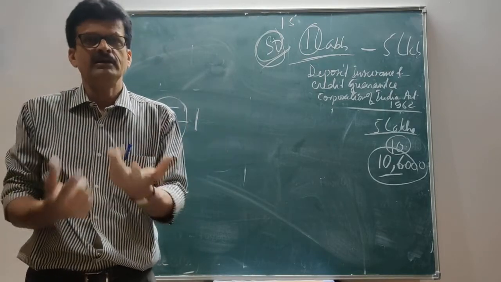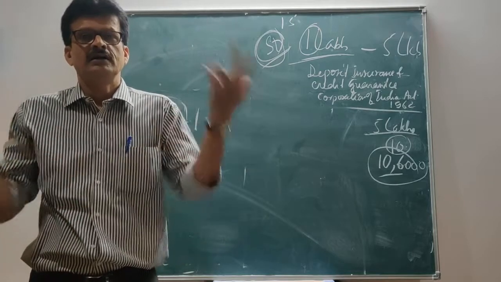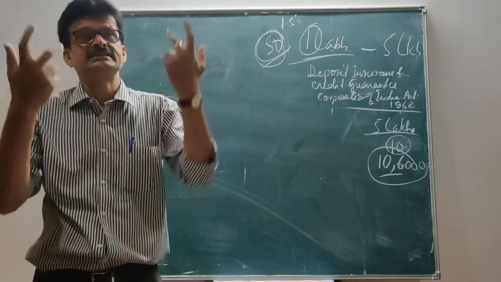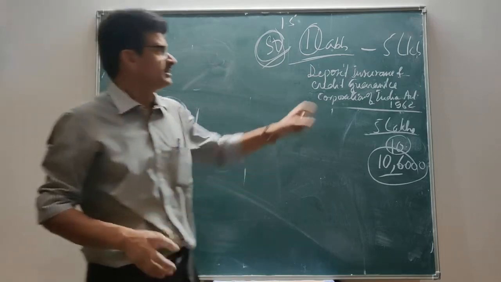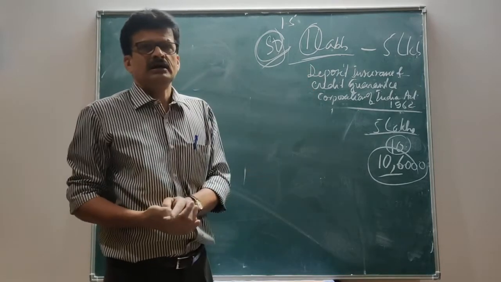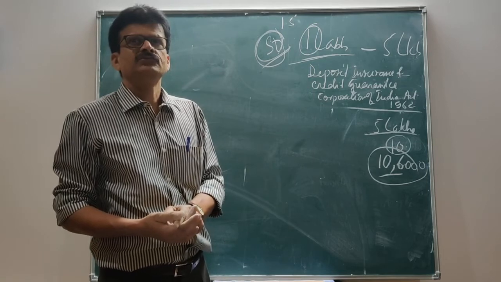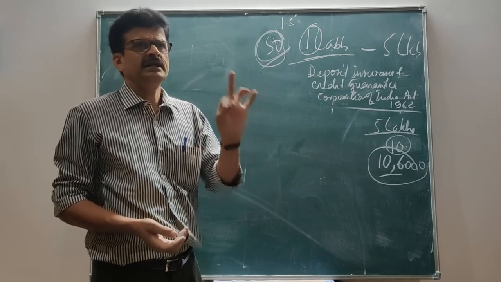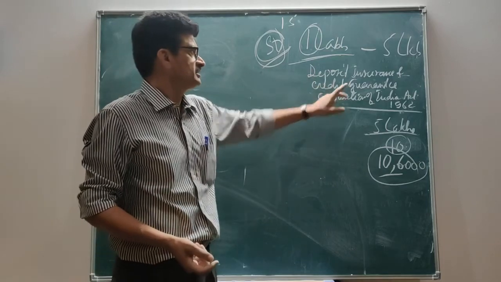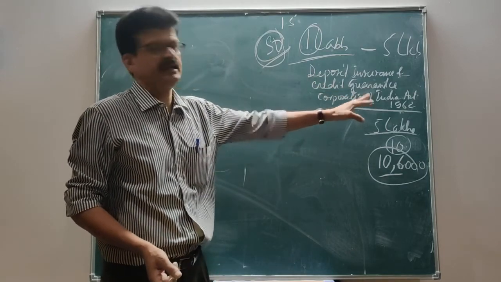Thereby it will help banks to increase the supply of funds, mobilization of deposits. You kindly go through the composition, management and advantages of the Deposit Insurance Credit Guarantee Corporation of India Act 1962.